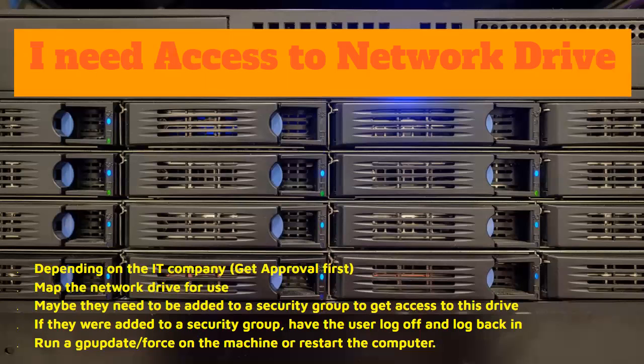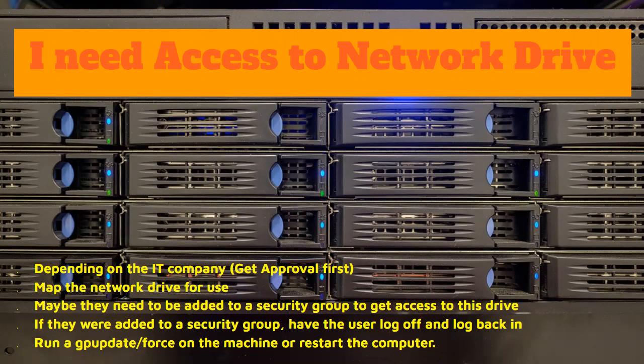Okay, now I need to access a network drive. Mostly people save all their data on the network, which is the cloud. So if for some reason they cannot access the drive, what should we do? Depending on the IT company, we will take approval first, and we'll check step by step.